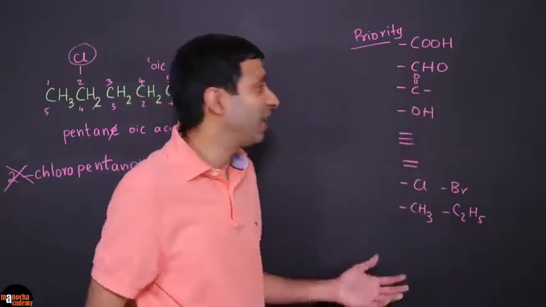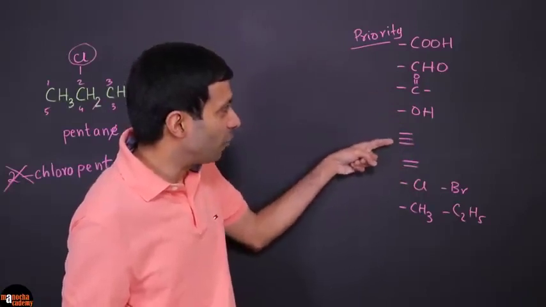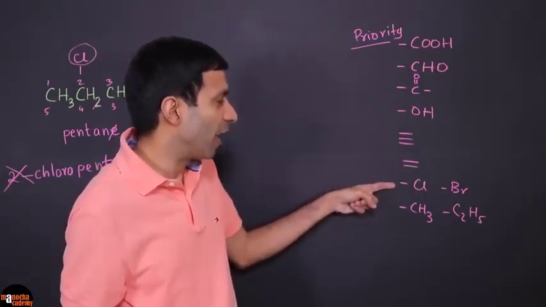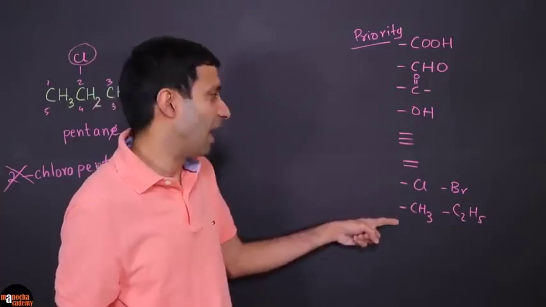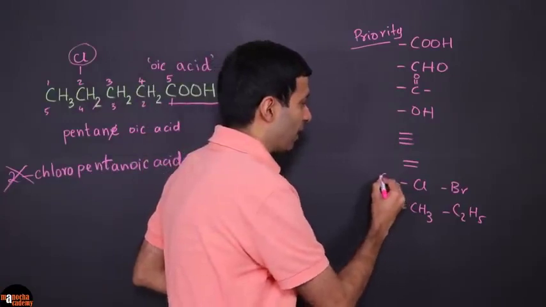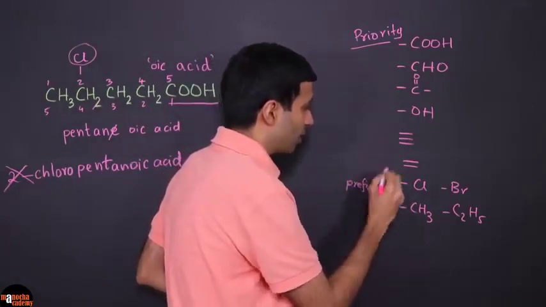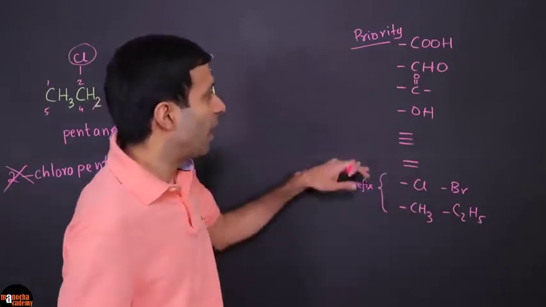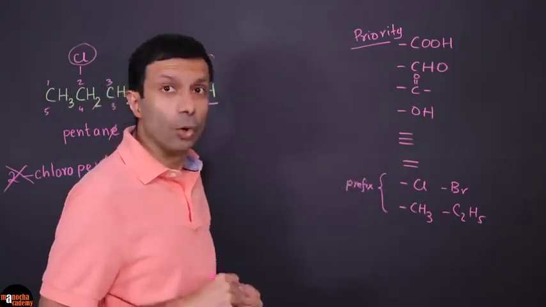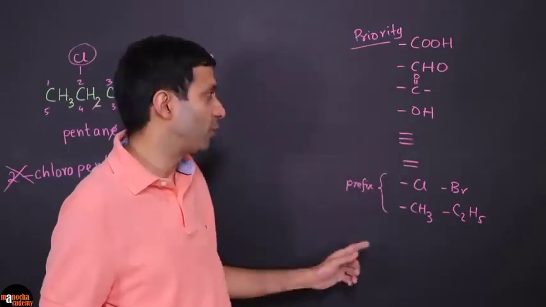And you know in organic chemistry, carbon is the king. So that's alcohol, then you have the triple and double bond, followed by the halogens, and then the alkyls. And remember, these guys were added as prefix in the name. So the prefix fellows come down in the priority list, and the others affect the suffix of the name. So you can note down this important priority list, and the numbering will be based on that.